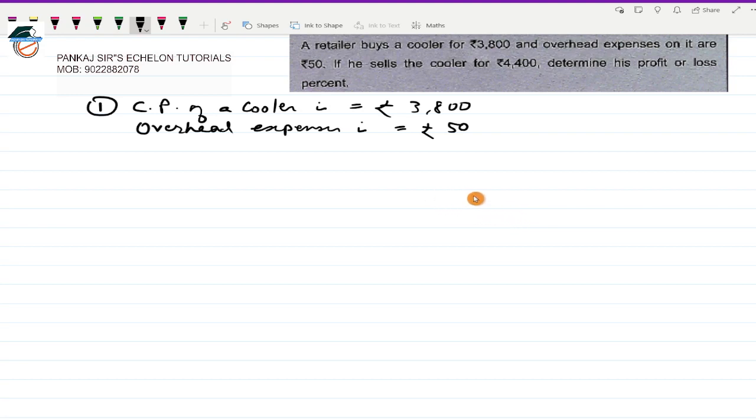That also you have to consider while calculating the profit percent or the loss percent. So that is the importance of overhead expenses.